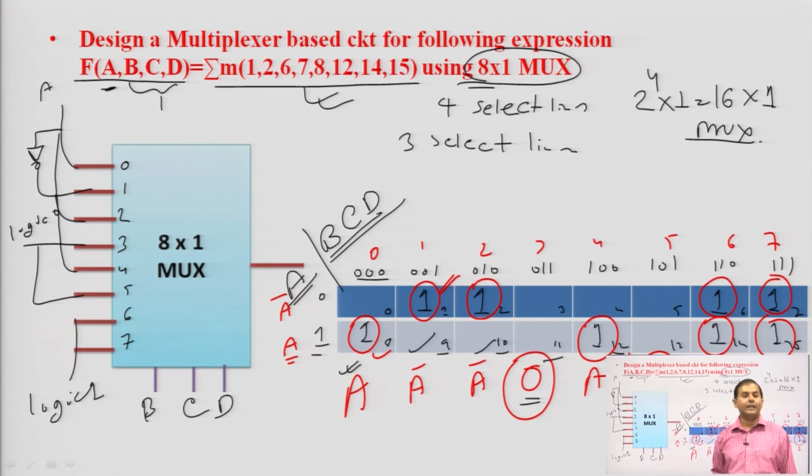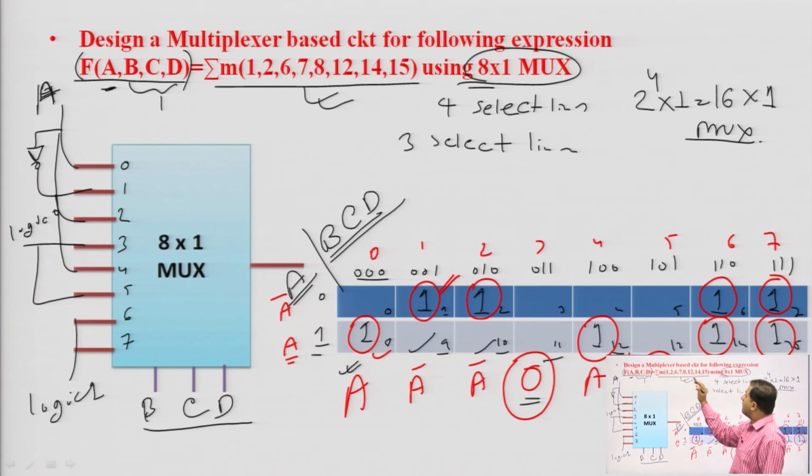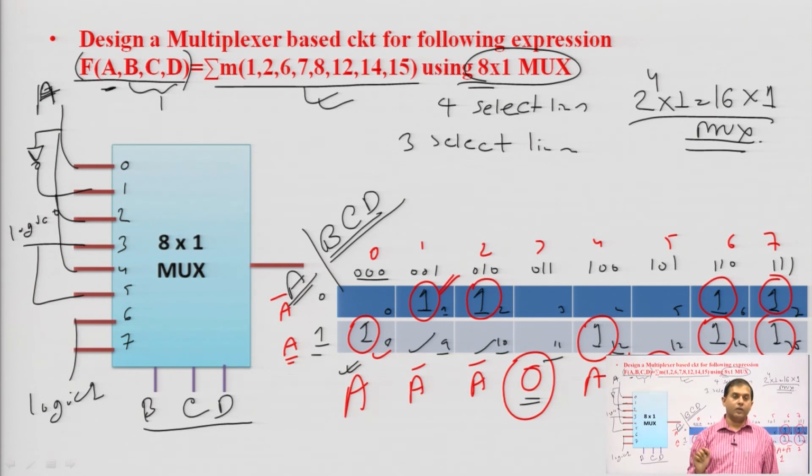So, this is the final design. We have implemented this, and these all values are A. So, the 4 variables A B C D can be designed like that, B C D will be select lines and A will be input line. So, the 16 cross 1 multiplexer can be implemented using an 8 cross 1 multiplexer.